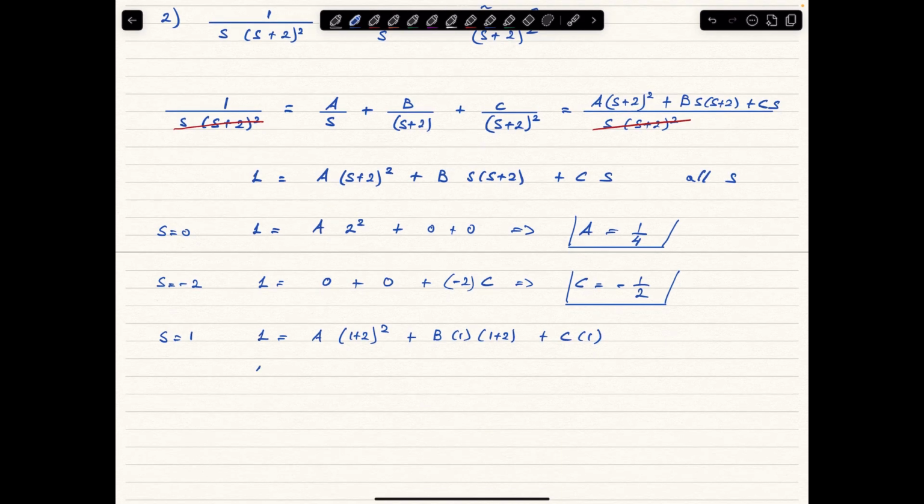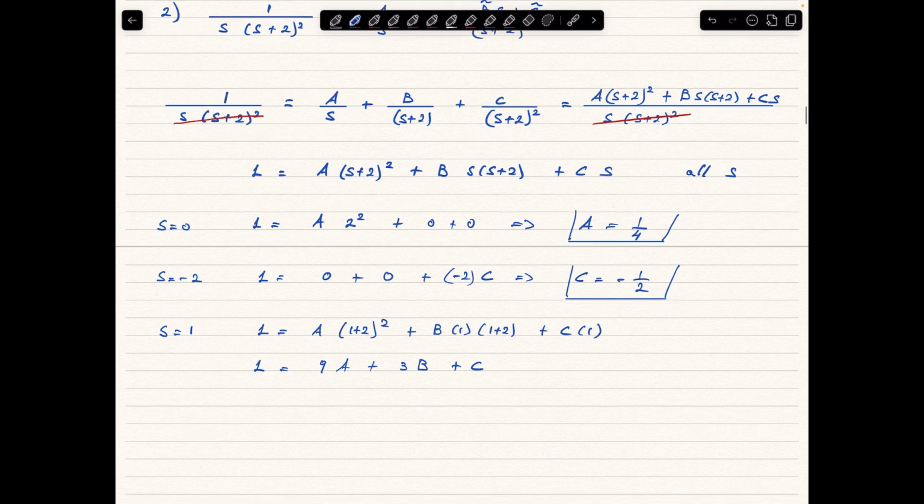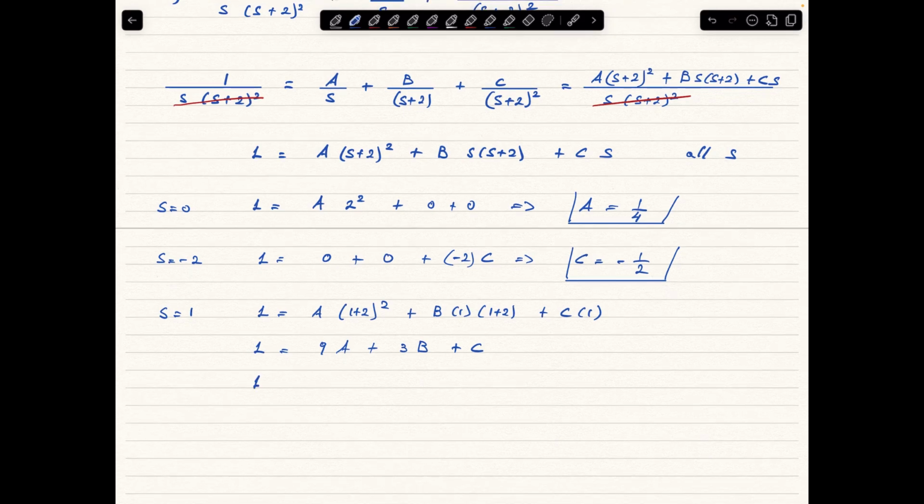So the equation is 1 equals 3 squared, so it's 9a, plus 3b and c. But we have the values of a and c. So 1 is equal 9/4, c is negative 1/2, which is 2/4, plus 3b.